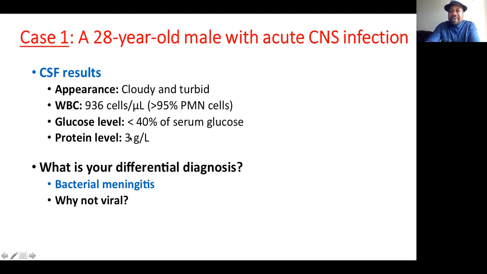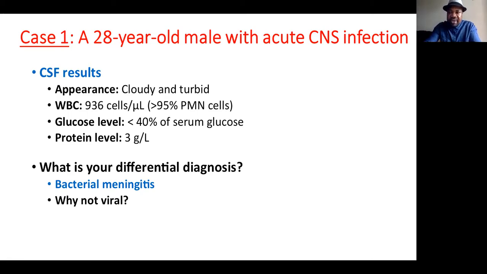Now the CSF analysis from this patient indicated that the appearance is cloudy and turbid. If you hear of a turbid appearance, it means that there is a high concentration of cells, mainly white blood cells, that make the fluid look turbid or cloudy.